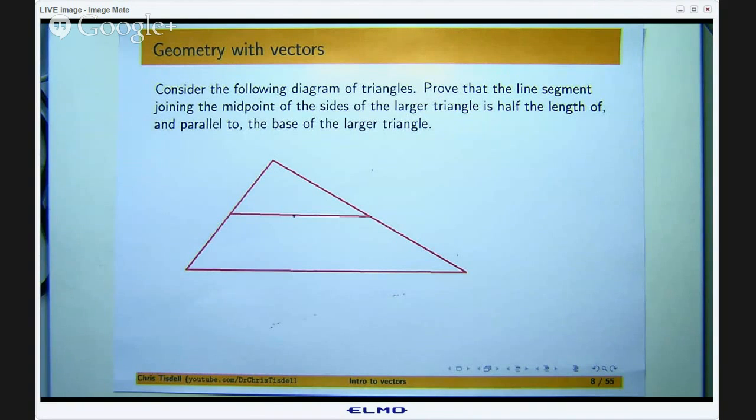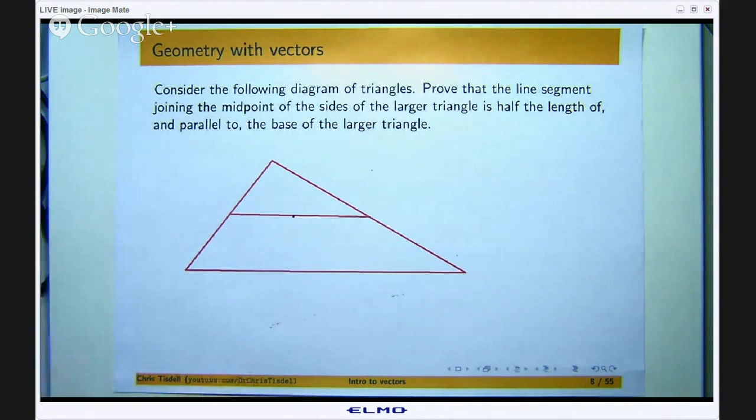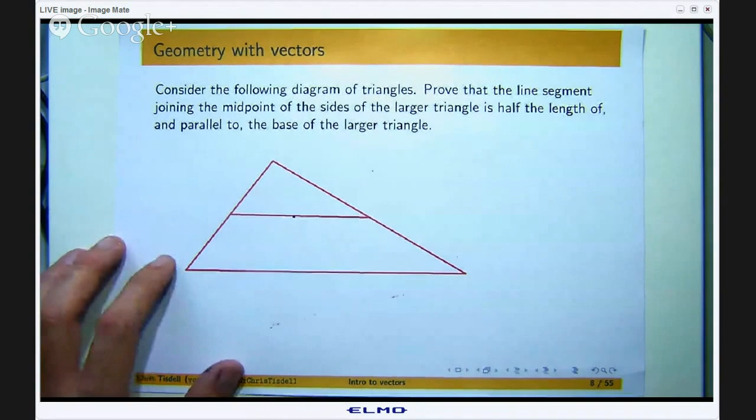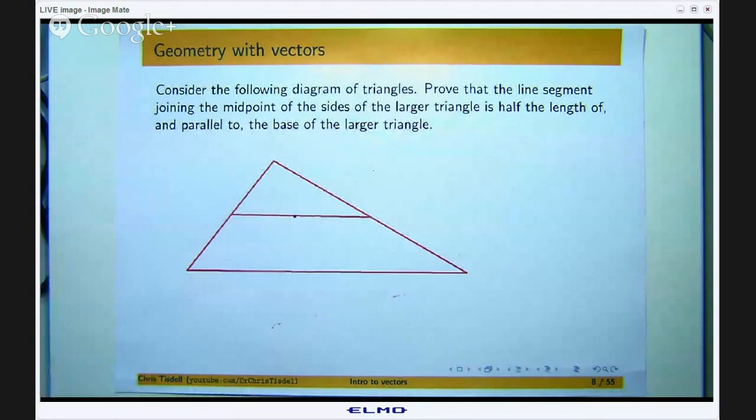So let's read the question and see how vectors can be used to solve it, to prove what they're asking us to prove. The only real ideas that this example wants you to use are the triangle law for vector addition and the parallel properties of two vectors, and that's pretty much about it.